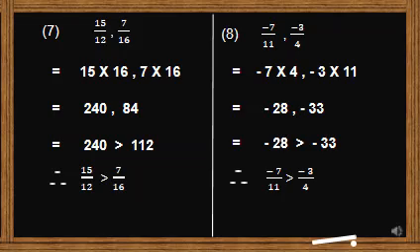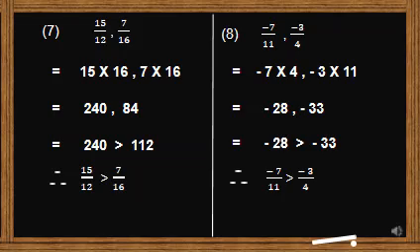And when we multiply 7 into 12, we get our answer as 84. By multiplying 15 into 16 we got 240, and by multiplying 7 into 12 we got 84 as our answer.